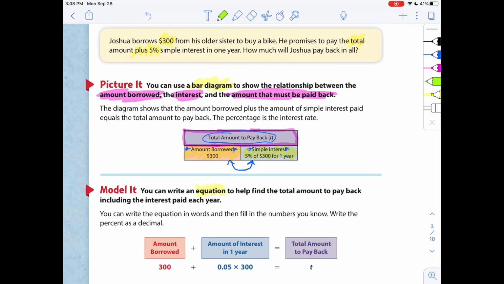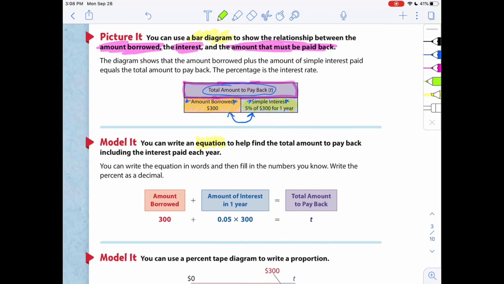And we know from the problem that the amount that he borrowed is $300 plus, so we don't know the amount of interest, but we do know that it's going to be 5%. And we can write 5% as 0.05. So 5% of 300.